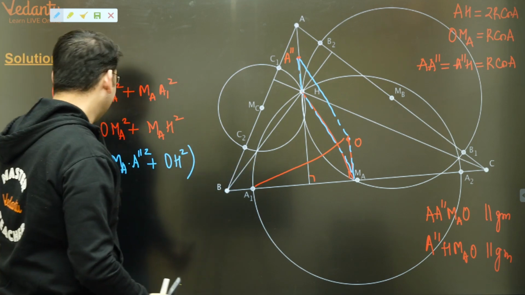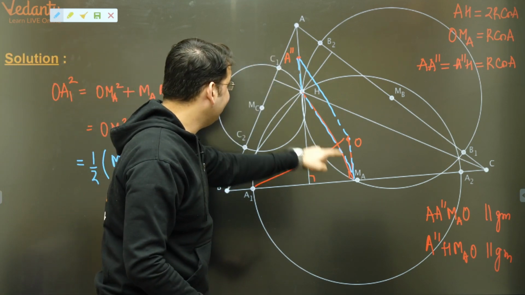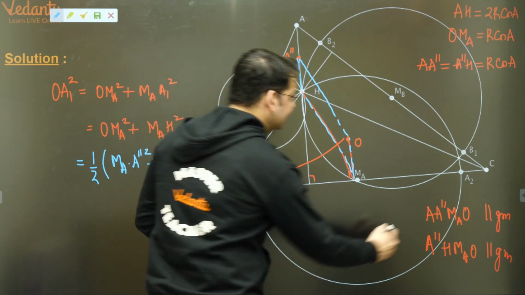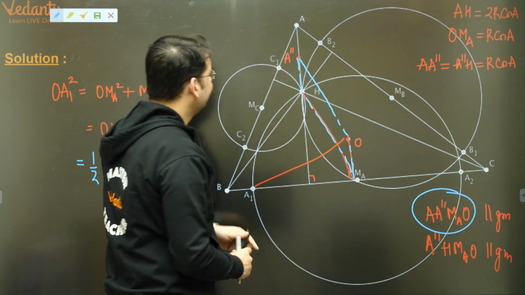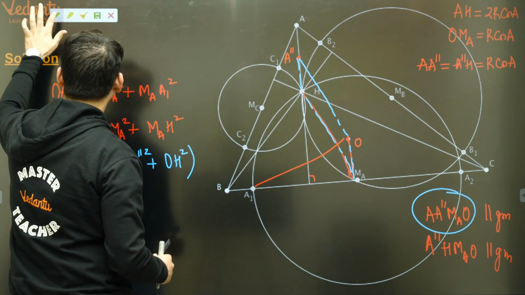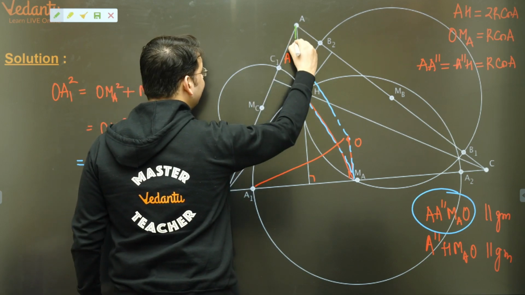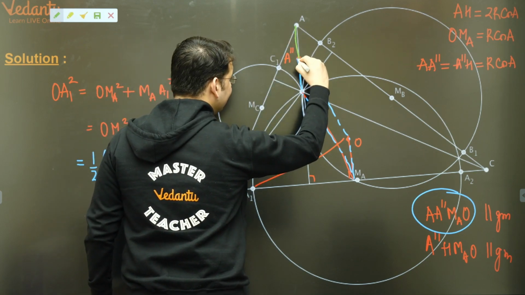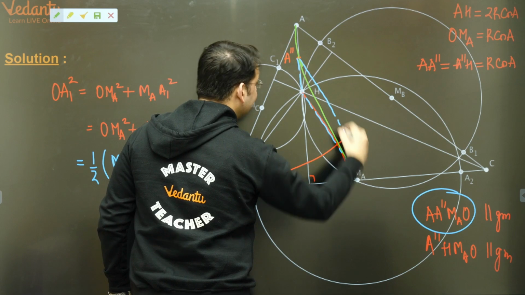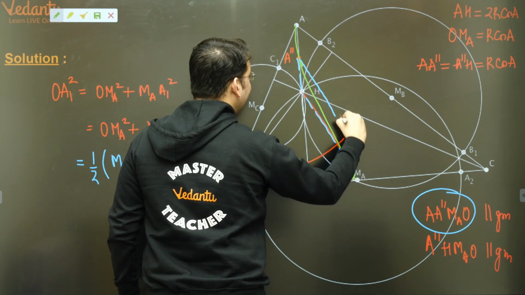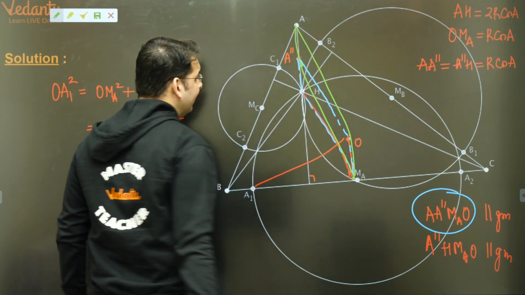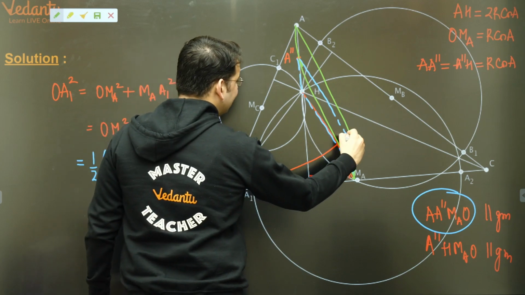Also we know that MAA double dash is also a parallelogram. So we have one more parallelogram, A double dash, MA and O and A. How is this a parallelogram?